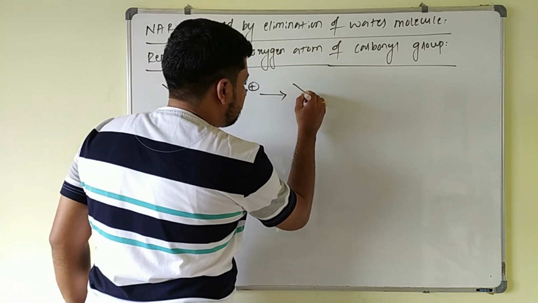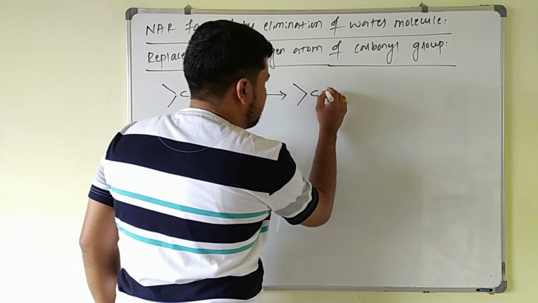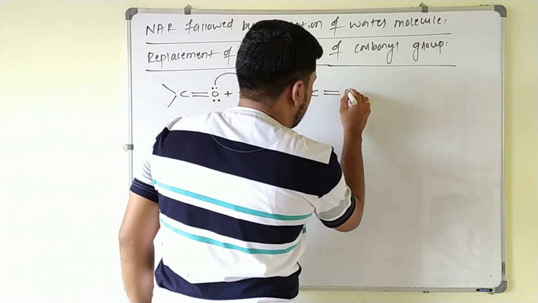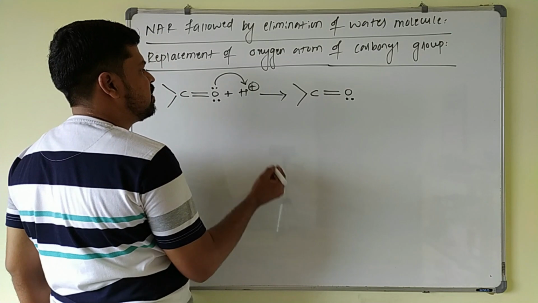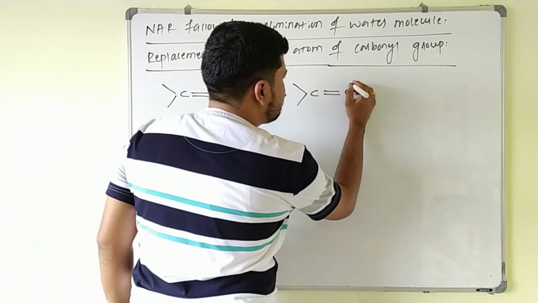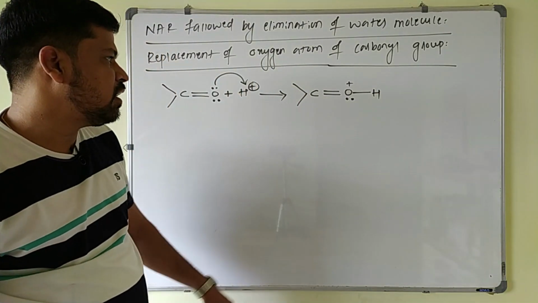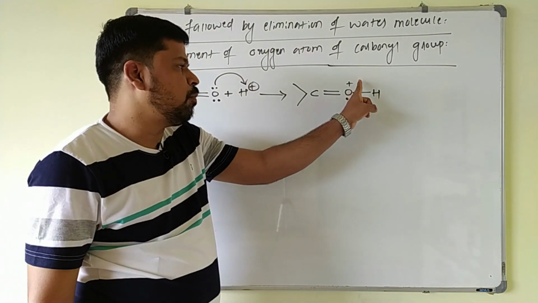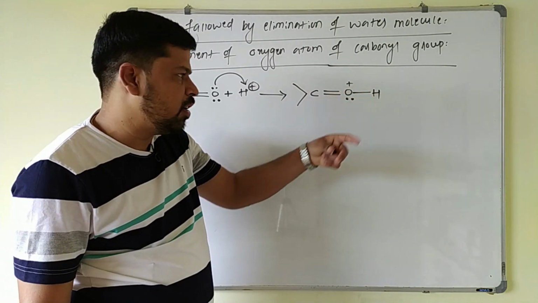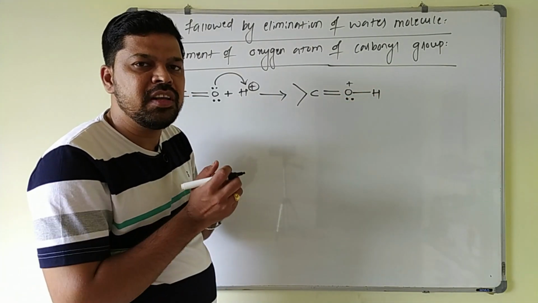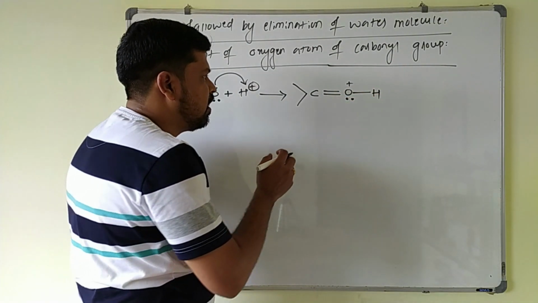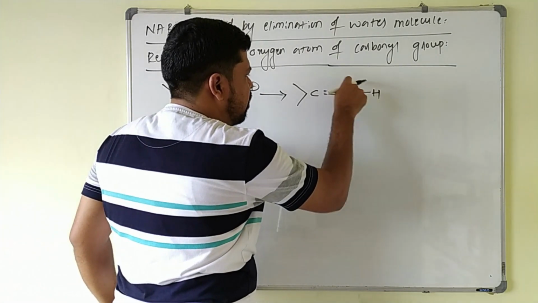Then what happens here? This carbon has a double bond to oxygen, with one lone pair of electrons as it is. This lone pair is given, which means this oxygen gets positive charge, and hydrogen is connected. This oxygen being more electronegative, the positive charge on this oxygen is not stable, so it tries to attract more electron density towards itself.